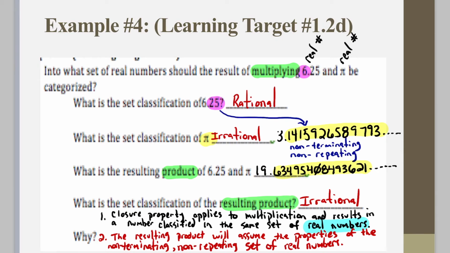And so the properties of the non-terminating, non-repeating portion of the decimal of an irrational number carry over and carry through to the resulting product, which results in an irrational number. So when a rational and an irrational number are multiplied, the result is contained within the set of all real numbers and assumes the properties of the irrational set of numbers.